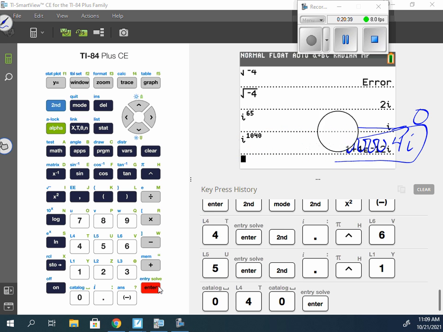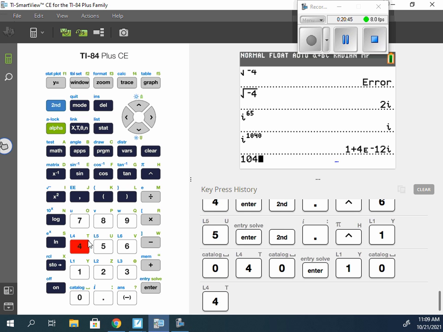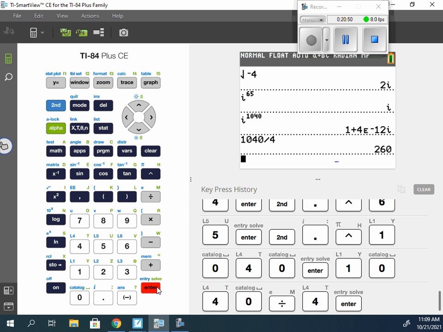Okay. Let's do this by our division method, because we can take 1040 and divide it by 4, which is 260. The decimal would be 0.00. Since it's 0.00, this reduces to 1.